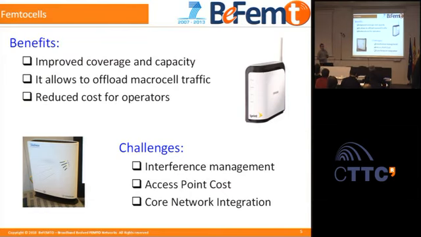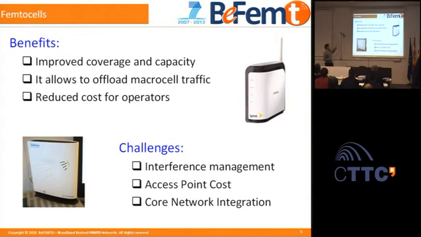This kind of device also allows offloading some traffic from the macrocell, because if there is a massive deployment of these devices, all of the traffic generated at home can be routed through them, alleviating a lot of the macrocell traffic problems.